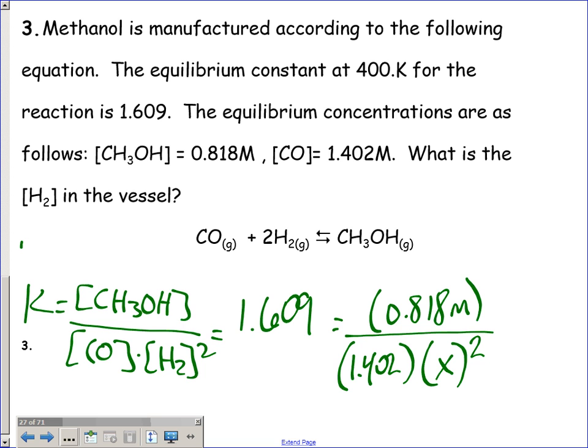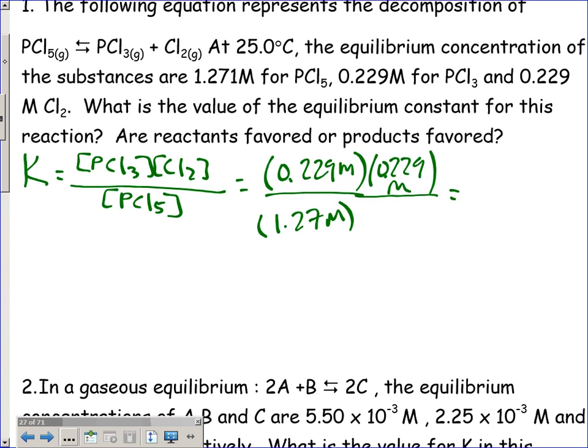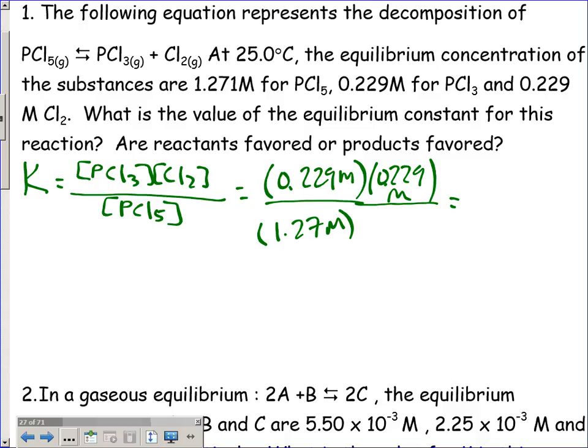I think you're probably very good at setting up the K expressions, just make sure you're solving it correctly in your calculator. Thumbs up if you got this K expression with PCl3 times chlorine over PCl5.